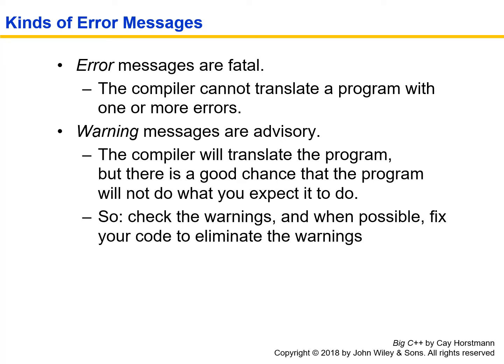You forgot to put the parentheses around your if statement, maybe. Warning messages are just advisories. The compiler will go ahead and translate the program, and it will let it run, but there's a good chance that the program isn't going to do what you meant it to. So check the warnings, and whenever possible, fix your code to eliminate the warnings, and that will make your life a lot happier as a programmer.